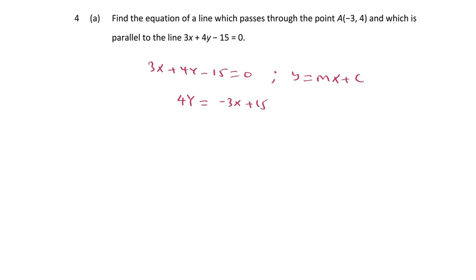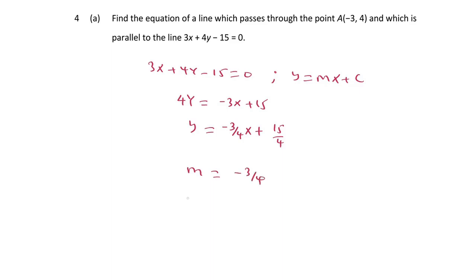Now let us divide by 4 on both sides. Then our equation is y equals negative 3 over 4x plus 15 over 4. So from this line, the gradient is negative 3 over 4.